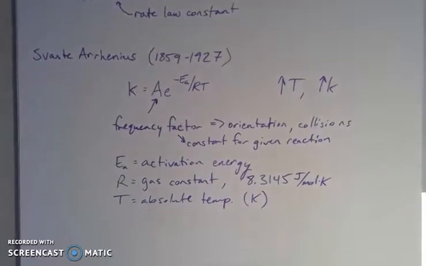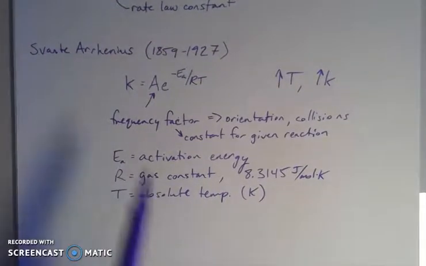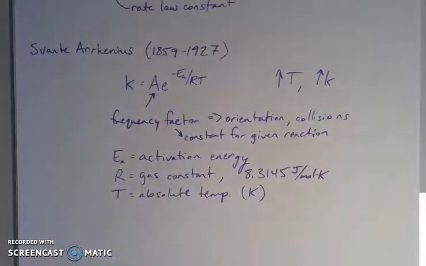I think it's actually easier to see and to think about if we were to graph it. And in order to graph something like this, it would make sense to take the natural log of both sides to get rid of this e to the x, where x is equal to the negative activation energy over RT.